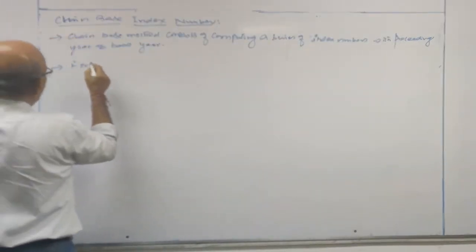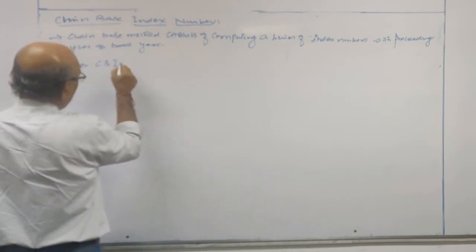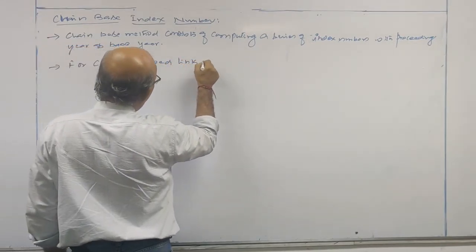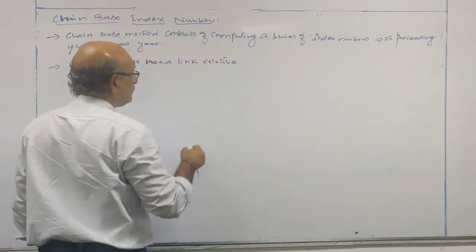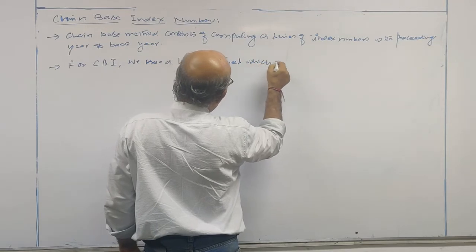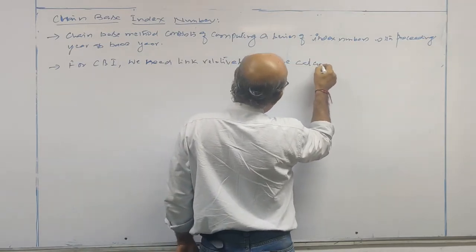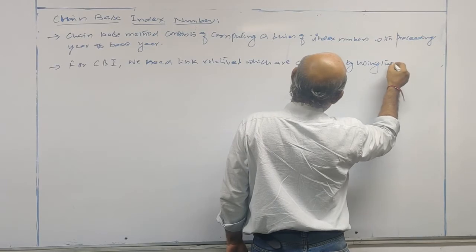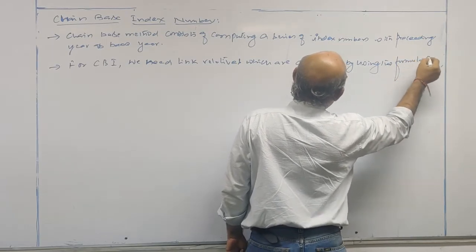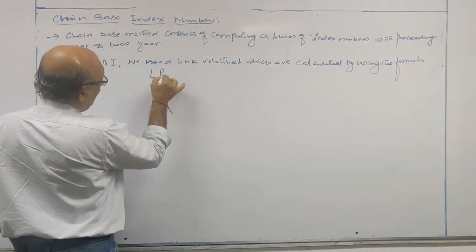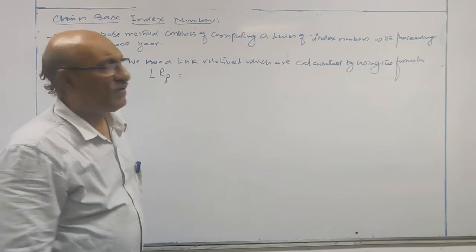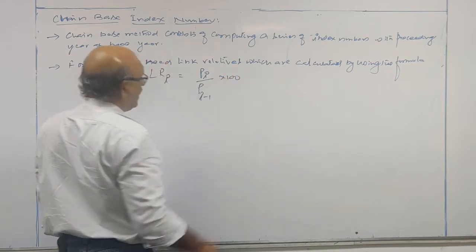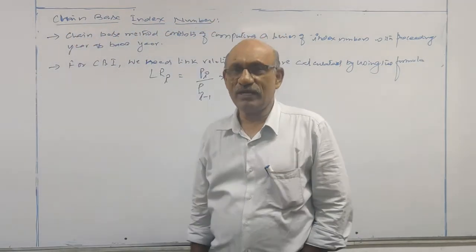Second point, for CBI, that is for chain based index numbers, we need link relatives, which are calculated by using the formula: link relative of ith period is equal to Pi divided by P of i minus 1 into 100.